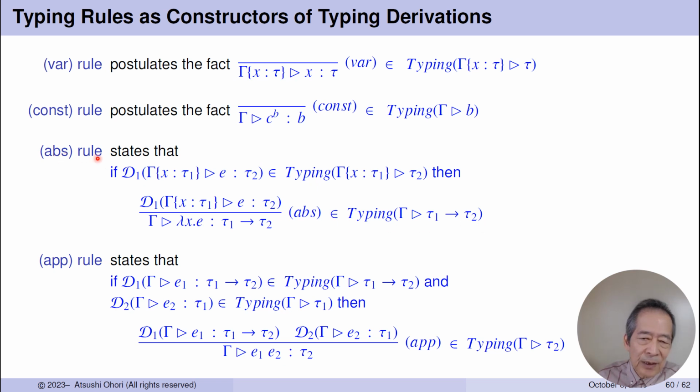So the abs rule acts as a constructor, taking an existing typing derivation tree and generating a new tree, and adding it to this set, which is different from this set.